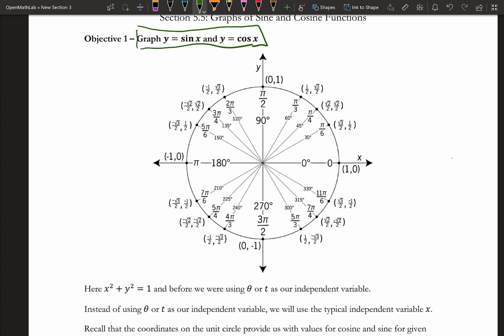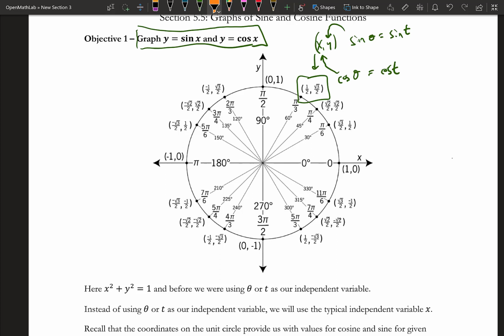We've looked at these ordered pairs in the form x comma y, but recall that the x coordinate is actually cosine of some angle, which we've looked at as theta, also as t. And the y coordinate, remember, that's sine, so sine theta or sine of t. So we've looked at it a little differently.